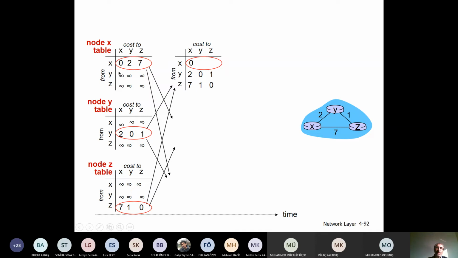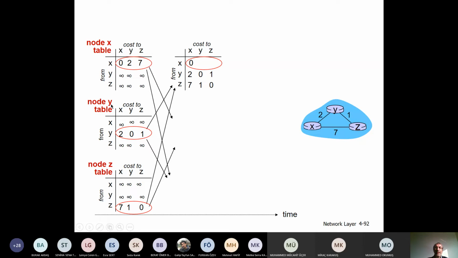The cost from X to X, of course, is 0. The cost from X to Y, the link cost, is 2, and the cost from X to Z is 7. So in the initial case, node X forms its table this way, and the rest is infinity, because from Y to X we don't know.